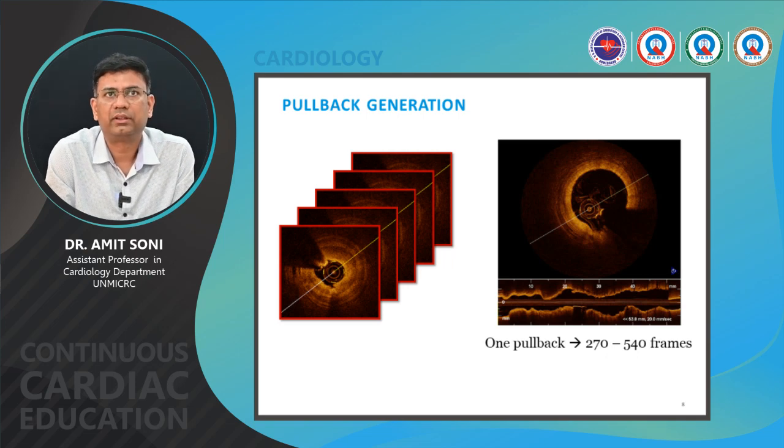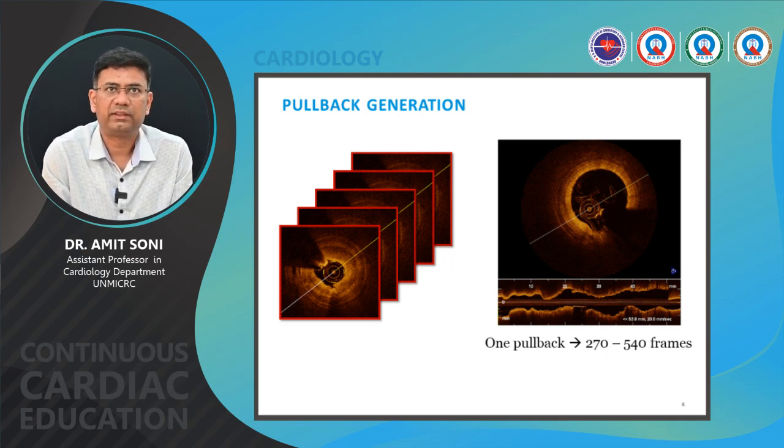This is the picture of the pullback generation. There are cross-sectional and longitudinal pictures. You can see the longitudinal view and the cross-sectional view. One pullback gives you 270 to 550 frames. You can see in this picture a pullback giving the 270 to 550 frames.